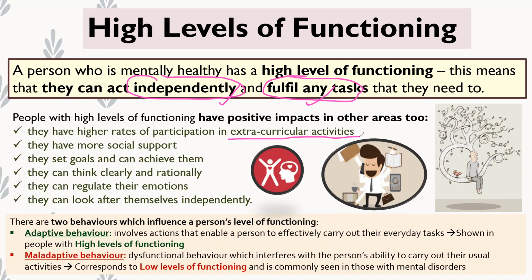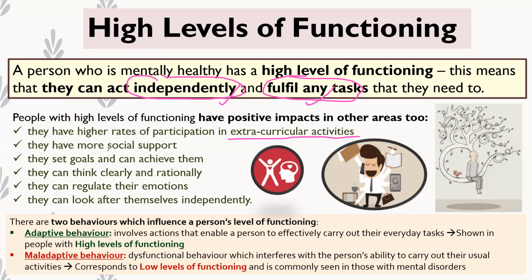For example, they do things that benefit them or benefit others outside of their normal place of work. So if you come to school, for example, and you are doing other things as well, like extracurricular activity like sports, maybe debating, maybe you're a part of some clubs at lunchtime, all of those things are allowing you to have a higher level of functioning, okay?